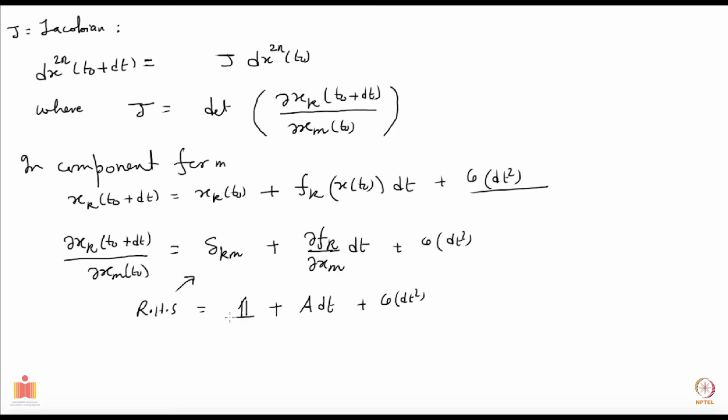So what we want to do is look at the determinant of this. We are interested in finding the determinant of 1 plus A dt, and we want the result only up to order dt, not higher order contributions.